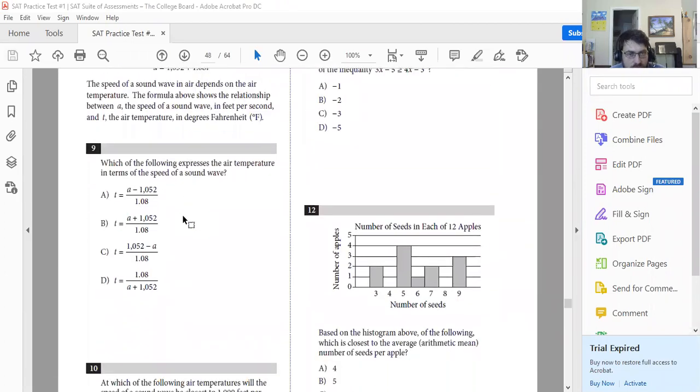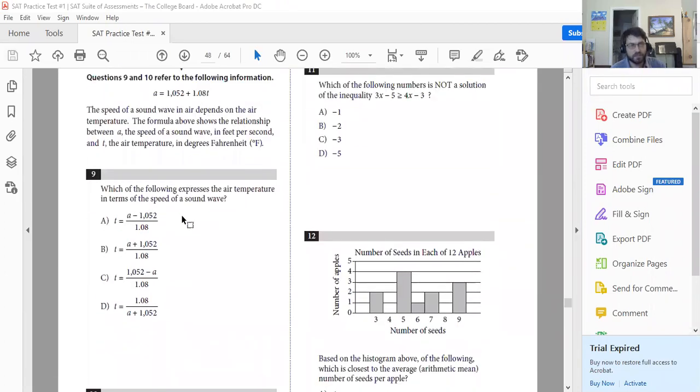Number 9. 9 and 10 refer to the equation below. A is 1052 plus 1.08 t. The speed of a sound wave in air depends on the air temperature. The formula above shows the relationship between A, the speed of sound of a sound wave in feet per second, and T, the air temperature in degrees Fahrenheit. Which of the following expresses the air temperature in terms of the speed of sound?